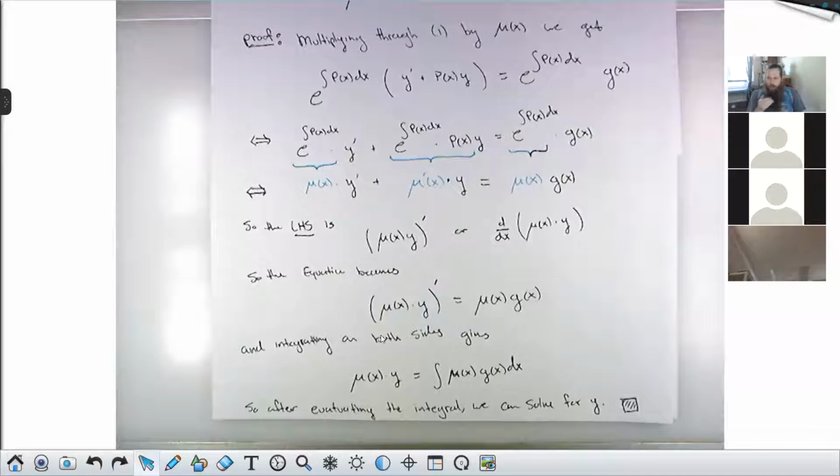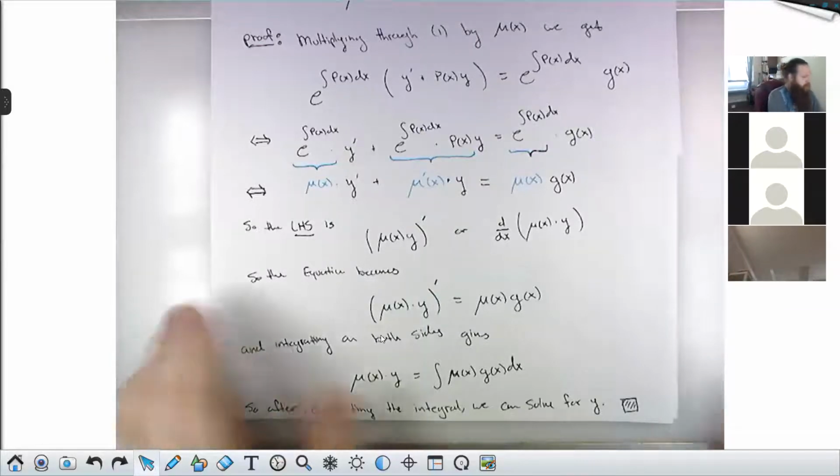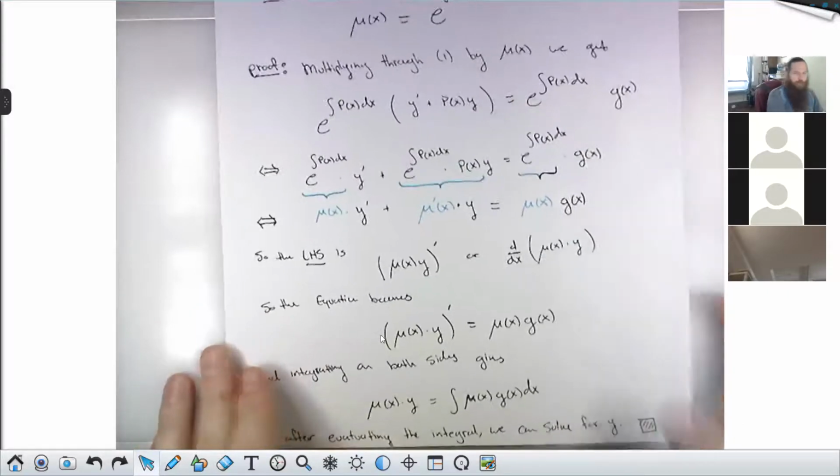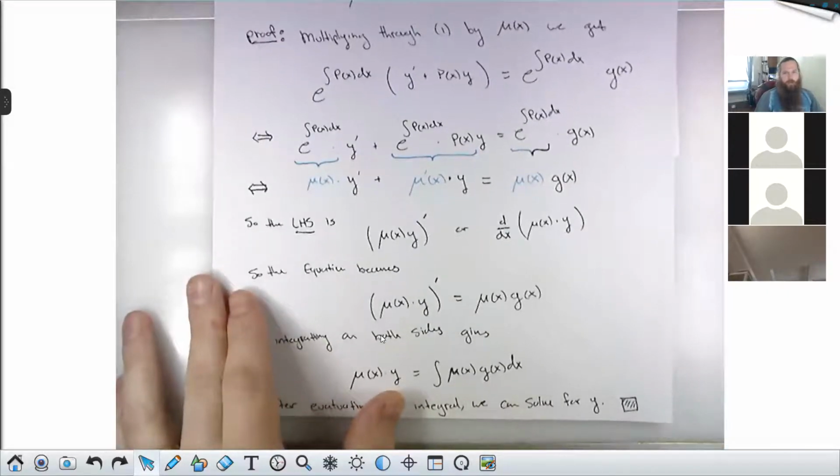There's some terminology that I want to share with you, and then we're going to do some examples. It's two new words I'm going to teach you today. First, any questions on the proof? Any questions on why this works?